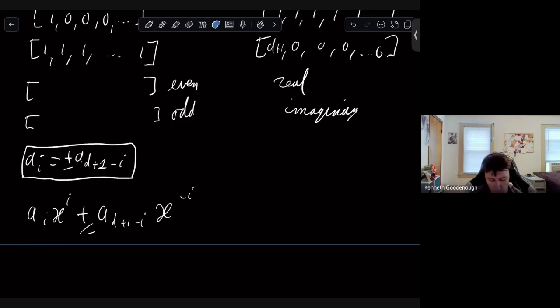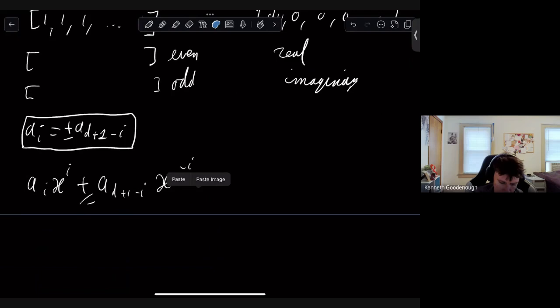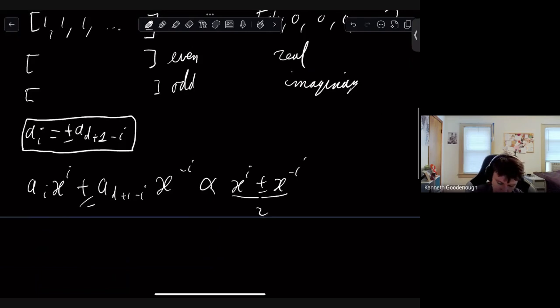And what we just get out here is, this will be proportional to x^i plus or minus x^(-i), and plug in roots of unity. Okay, so this is okay.